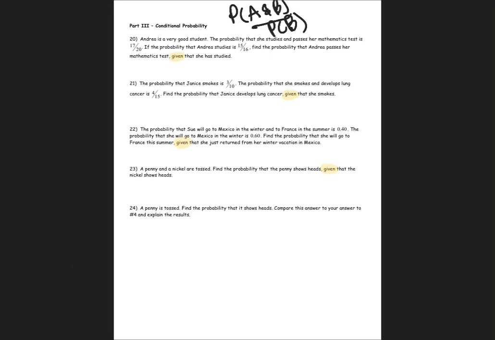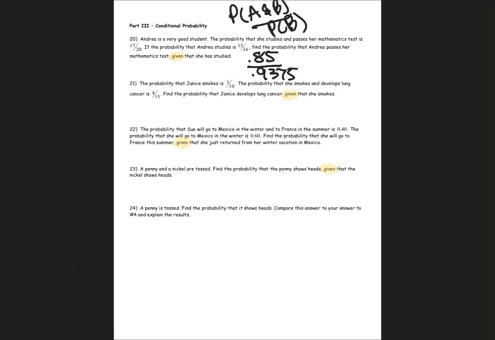So your numerator for number 20 is 17 over 20. Now 17 over 20 as a decimal is 0.85. I'm going to divide that by 15 divided by 16, which is 0.9375.